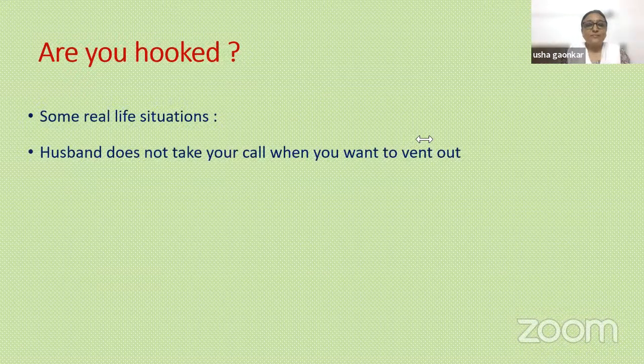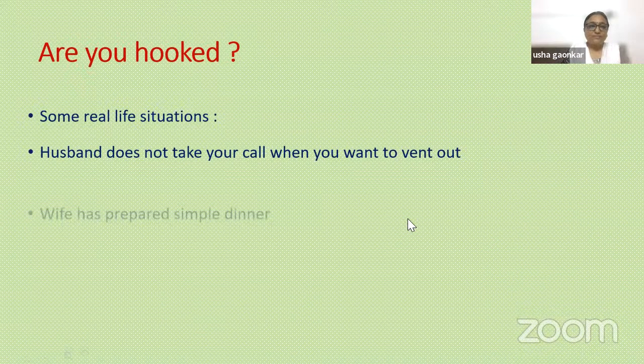Then we feel like, what is the point in it, if we don't have the association of each other at the point of need? Right. So that is a thought which hooks, which you get hooked onto. What is the point in having a partner when you can't even call up and vent out whenever you feel like? Right? Okay, that is one thing.